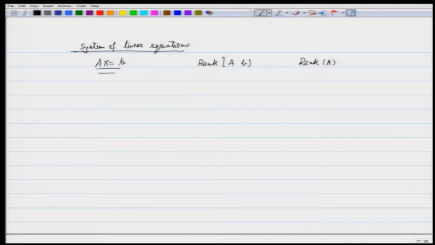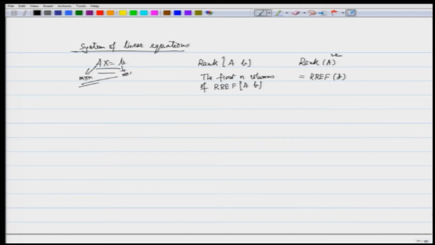What I know is that RREF of A is nothing but what we learnt was this is equal to the first, so, A is m cross n, B is m cross 1, fine. The first n columns of RREF of AB. This is what we learned.